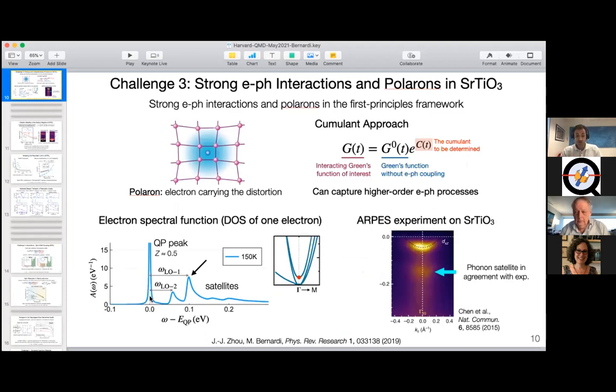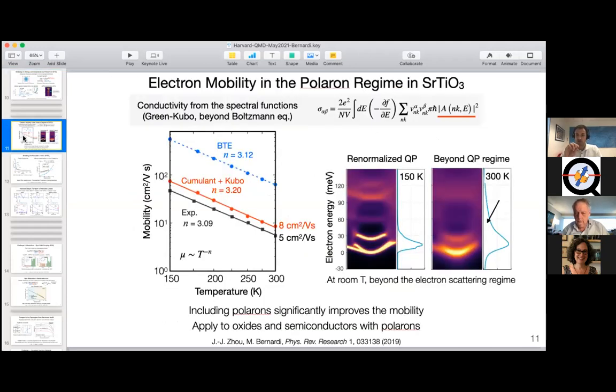However, when you have a strong coupling, you see part of the spectral weight gets transferred to the satellites. And when the satellites come into play, it's essentially not just the renormalized quasi-particles. So they're still particles. They may have lost some spectral weight. Their mass has increased, but you can still describe transport with a Boltzmann equation with properly changed weights and effective masses.